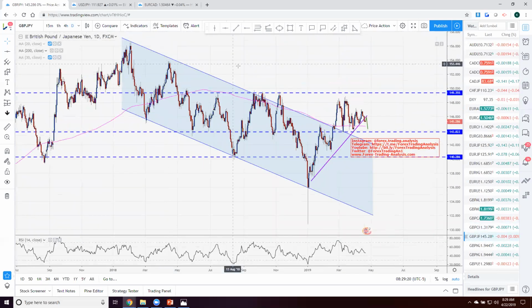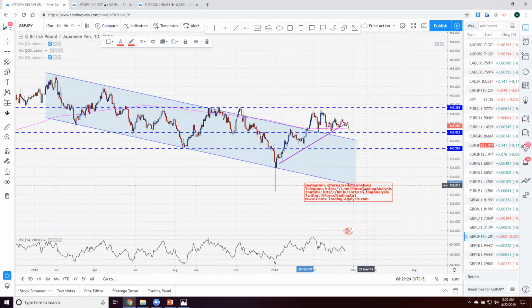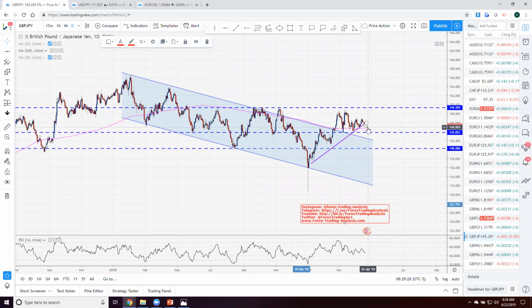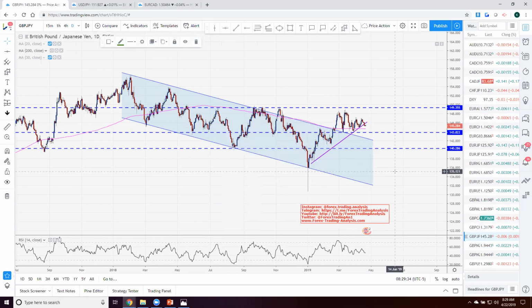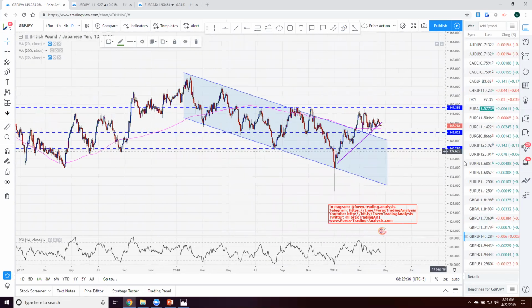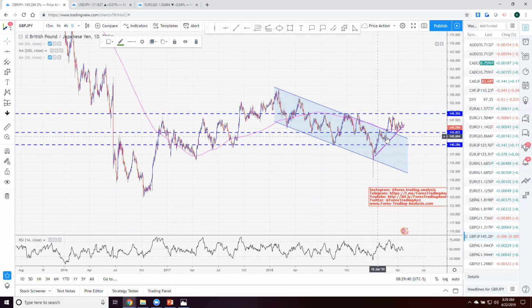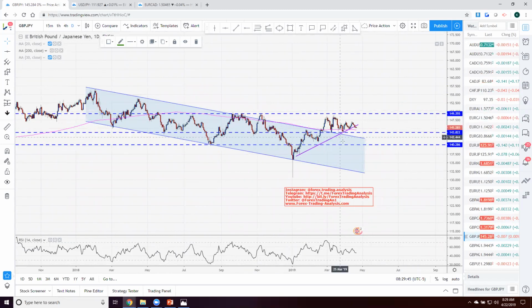Now again, I kind of marked it as a descending channel. A couple of false breakouts.